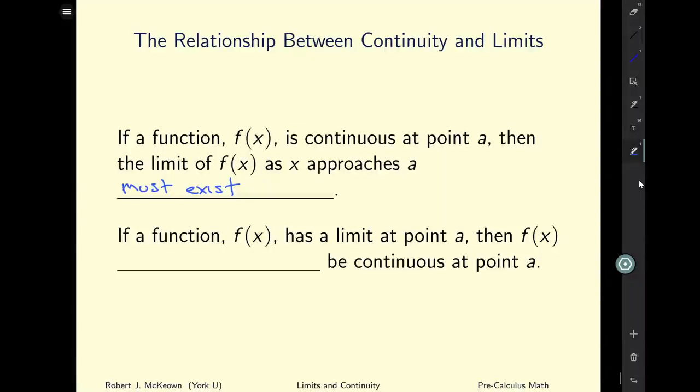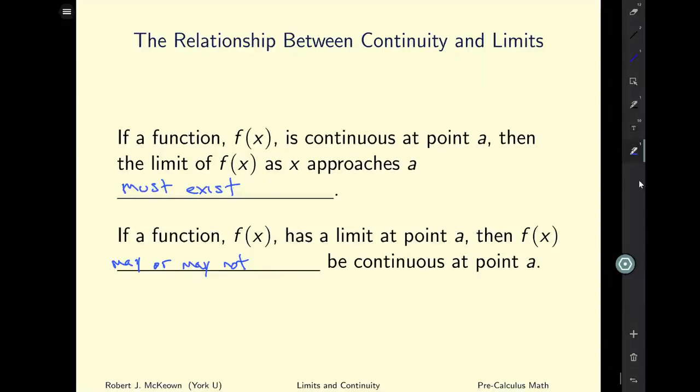Now if a function has a limit at point A, then f of x may or may not be continuous at point A. Just because a limit exists at point A doesn't necessarily mean that the function is going to be continuous at point A. Having the limit exist is a necessary condition for continuity, but it's not sufficient.